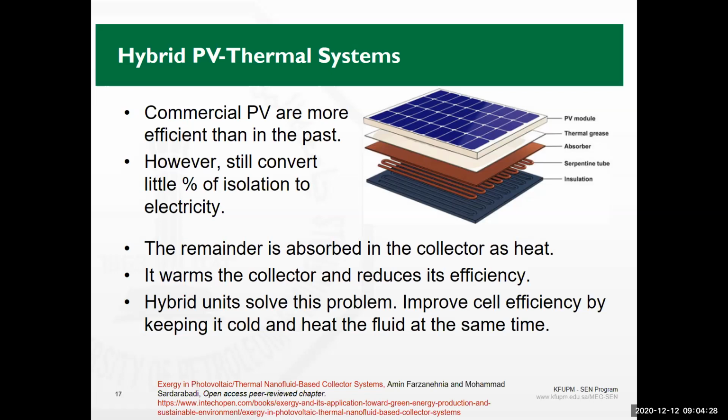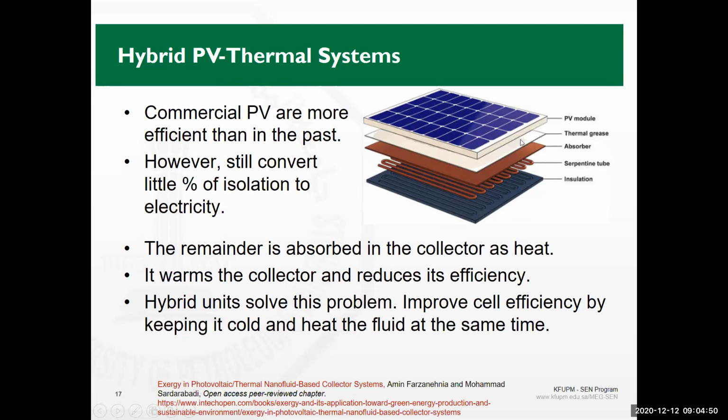until these units came to the market, where you have basically a coil which is made mainly of copper that circulates, and it is connected to the back of the panel. It is connected through a thermal grease and absorber plate. So the absorber plate gets heated.